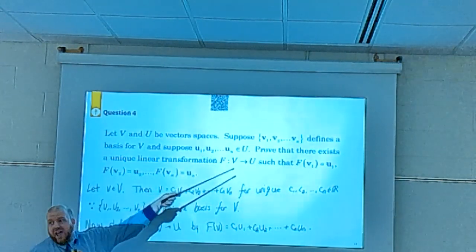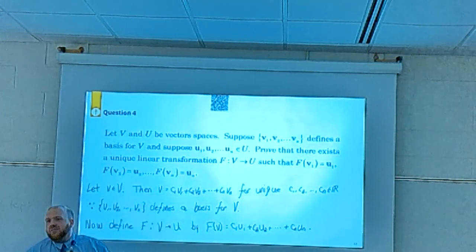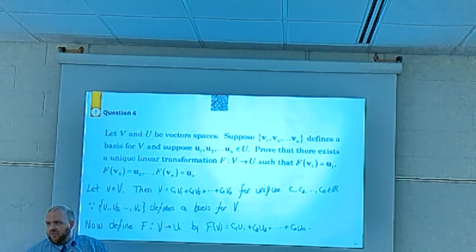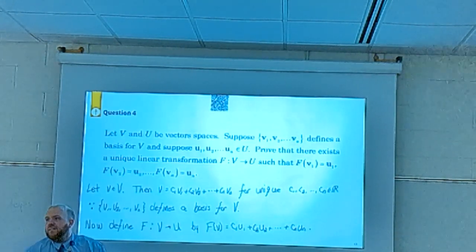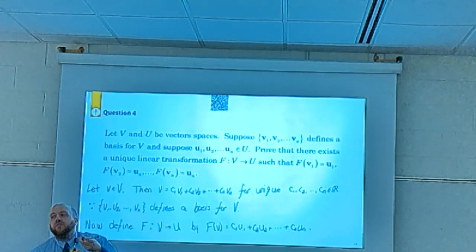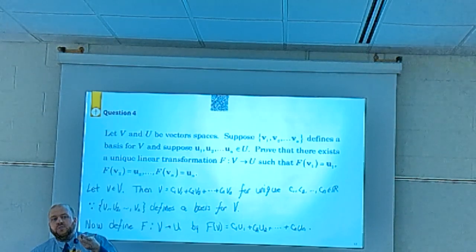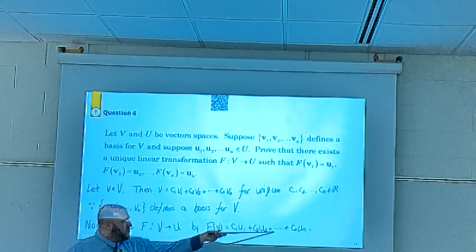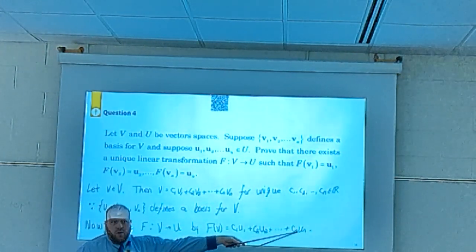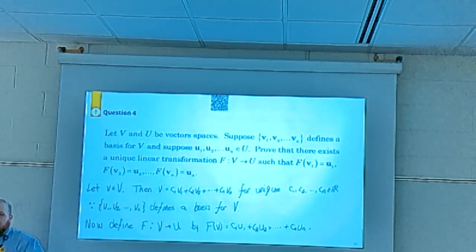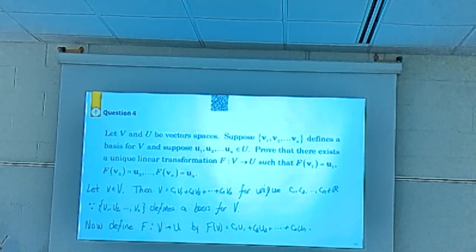I just simply said there are elements in U. Oh, because it's just a scalar of U. But why? It's closed under scalar multiplication and addition, since U is a vector space. Since U1, U2, Un are in U, their linear combination has to be in U. So, good, we have the foundation for a mapping.